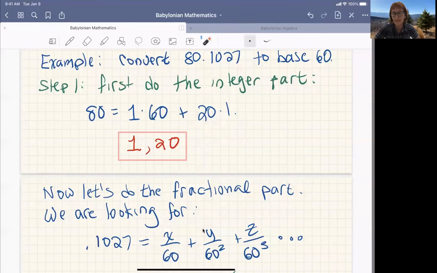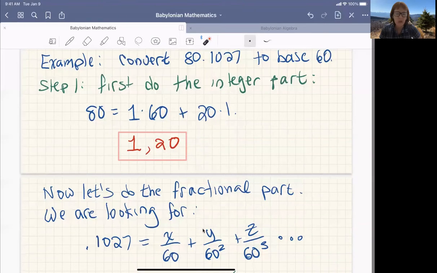So X, Y, and Z, and whatever else are going to be integers between 0 and 59. So I'm going to start by trying to calculate the X. So the X is going to be the numerator when the denominator is 60.